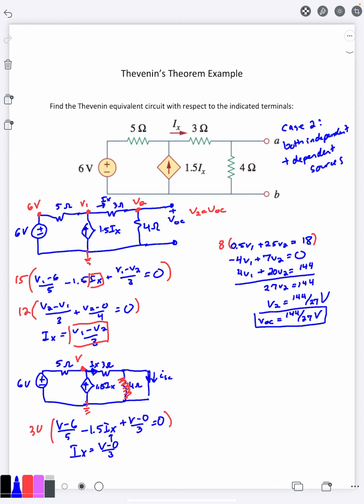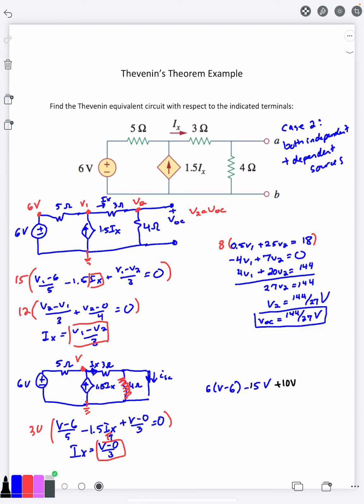So 30 over 5 is going to be 6 times (V minus 6), and then minus 15Ix. Because 30 over 3 is 10 times 1.5 is 15. And then 30 over 3 is going to be 10V.